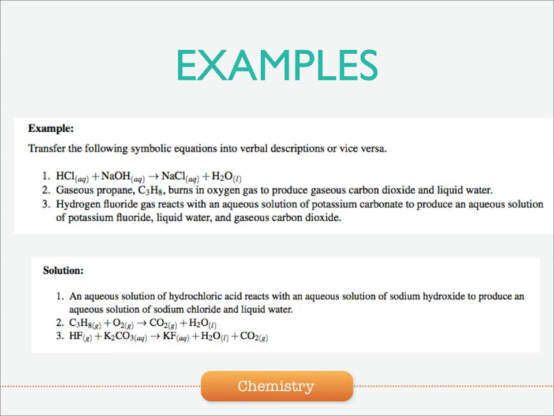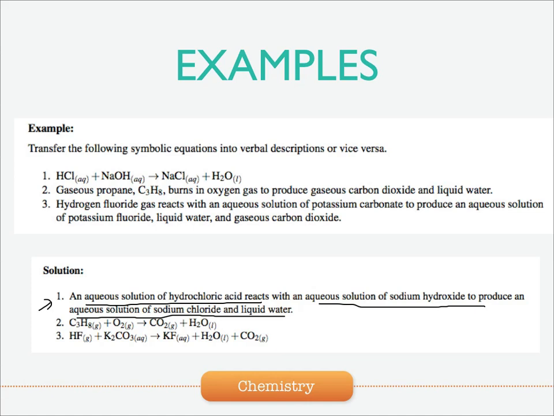All right, so here are our solutions. For the first one, we could say an aqueous solution of hydrochloric acid reacts with an aqueous solution of sodium hydroxide to produce an aqueous solution of sodium chloride and liquid water.